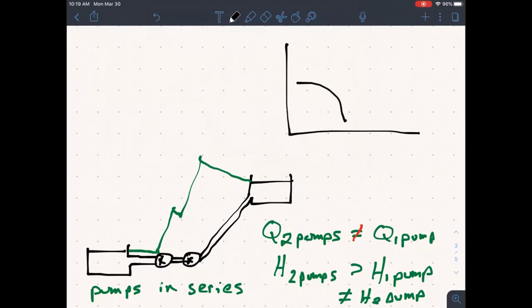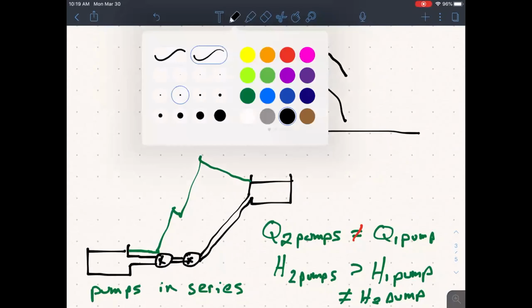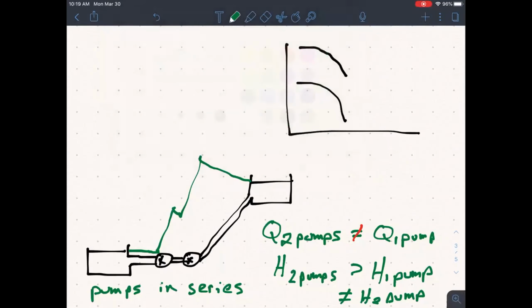Okay, here's our one pump curve. Here's our two pump curve, like that. So you're just shifting it up, and I drew it a little bit offset, which is not correct. Let's do our system curve.